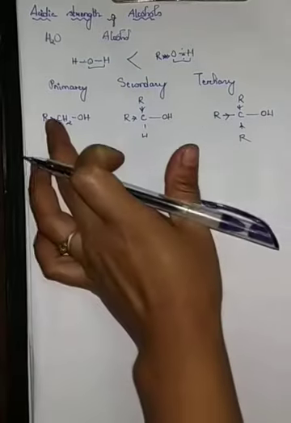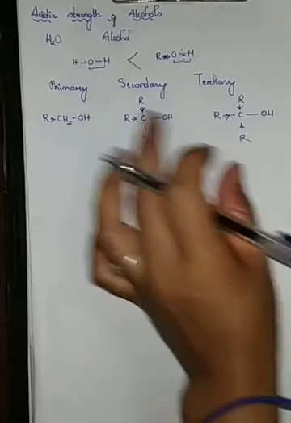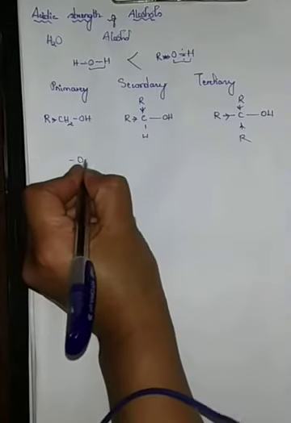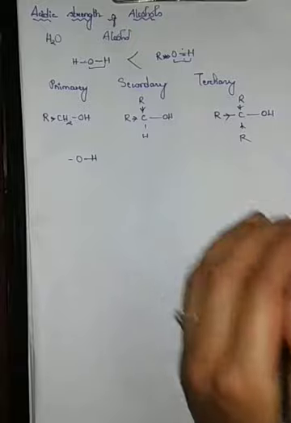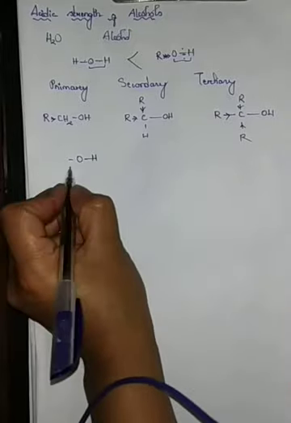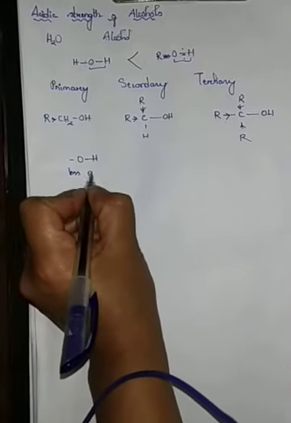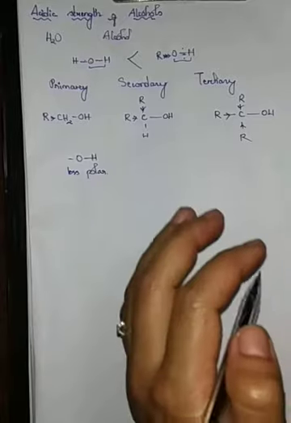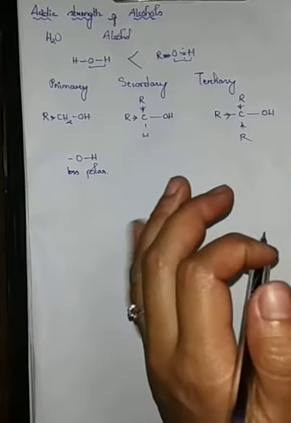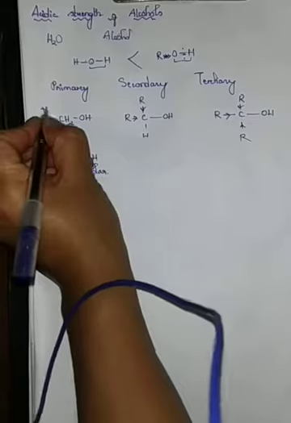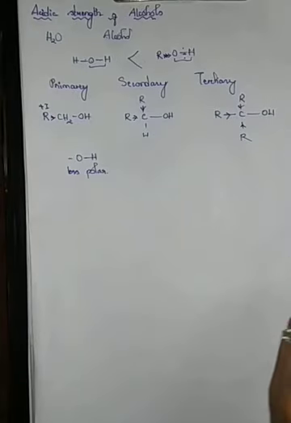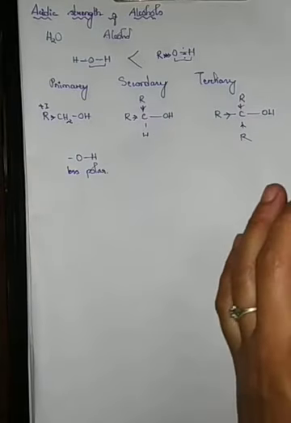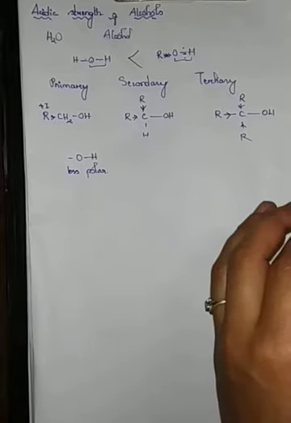Thus, the presence of alkyl groups makes the OH bond less polar. The polarity decreases due to the electron releasing tendency, or the plus I effect, of the alkyl group. So the presence of the alkyl group in alcohol lowers the acidic strength of alcohols.